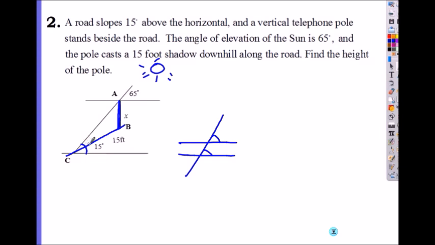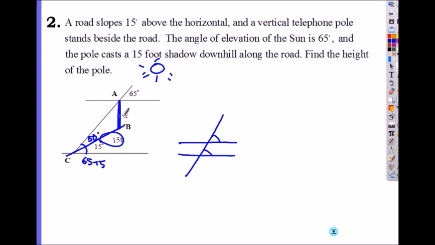The measure of this angle will be 65 minus 15, which is 50. And the pole casts a 15-foot shadow along the road, so this is 15. So now the question is, find the height of the pole, X.